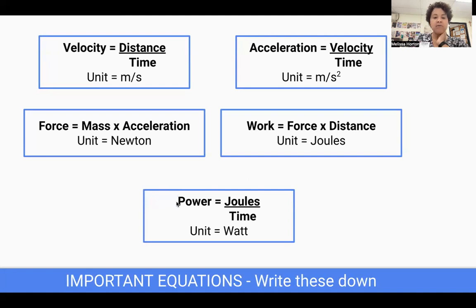Finally, you also have power, which is joules divided by time. Joules you find here, and the time is going to be whatever the time is that you were using. And the unit for that is watt. So again, take a second, pause this, write these down. These are going to be key for your assessment.